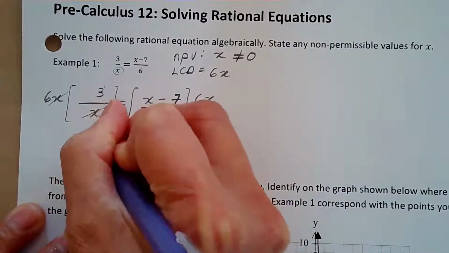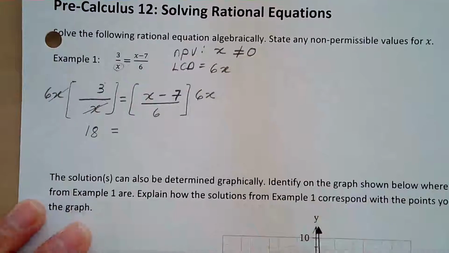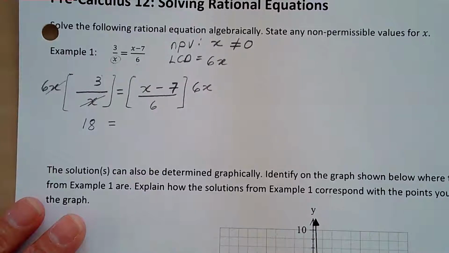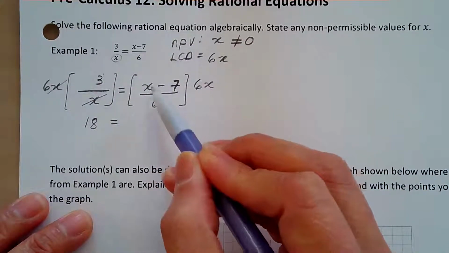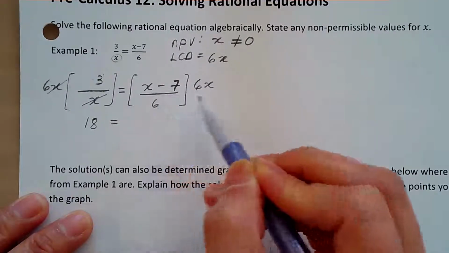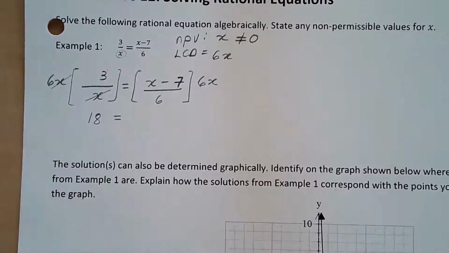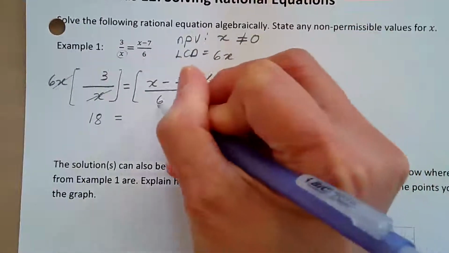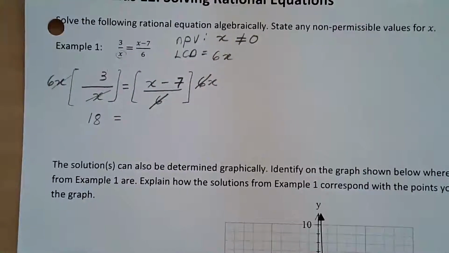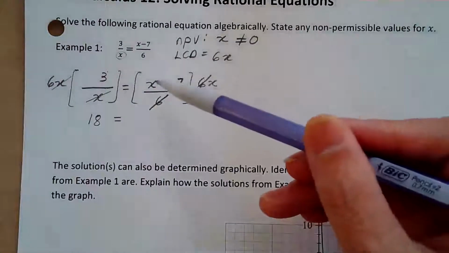So we just write down 18. Okay. Next, on the other side, if we multiply x minus 7 divided by 6 by 6x, can we cancel something? The 6 cancels. And what do we have left?